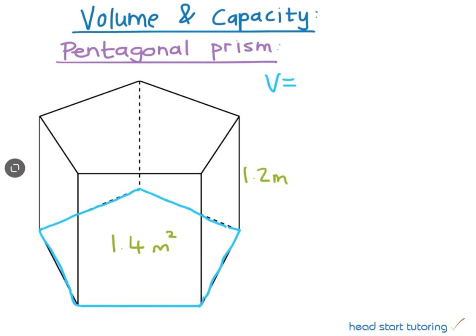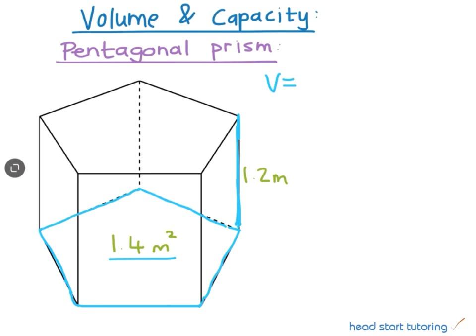So obviously the cross section of a pentagonal prism will be a pentagon. So this pentagon there, if we have been given that area, we then just need to multiply that area by its height. So the height of our pentagonal prism, which is 1.2 meters. And we will then end up with the volume of this pentagonal prism.